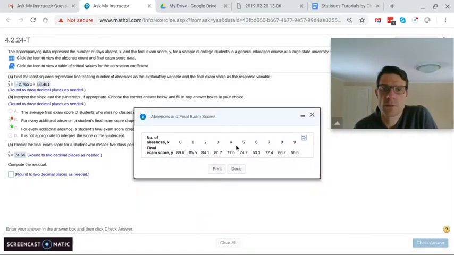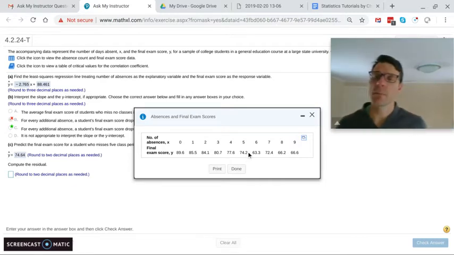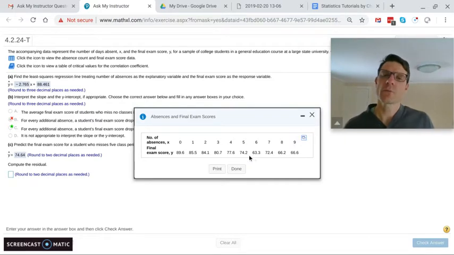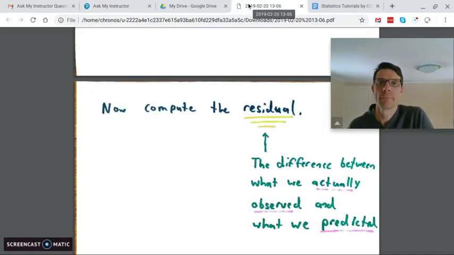Number of absences: somebody missed 5 times and they got a 74.2. This is an actual data point. Remember, the regression line doesn't have to run through the actual data points. It's the best fit line for all the data points together. So there could be some difference in what we predict and what we actually see for this final exam score with this data point.